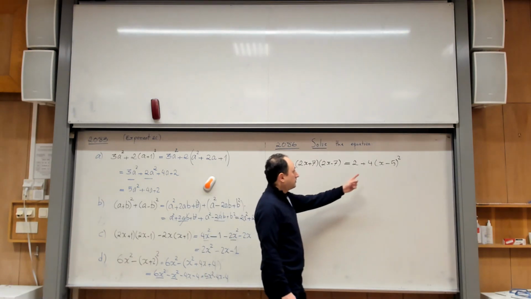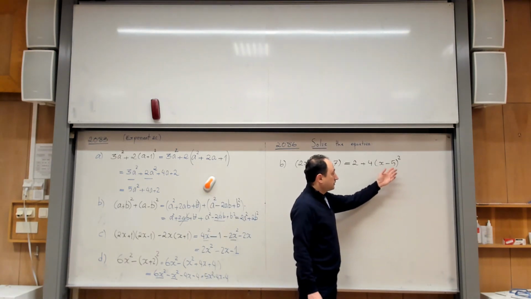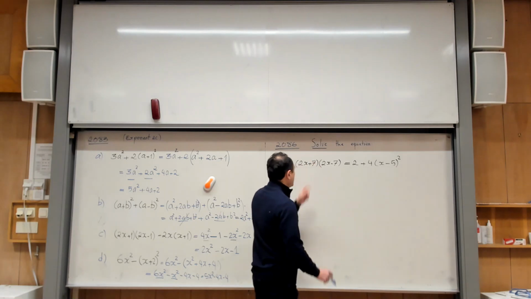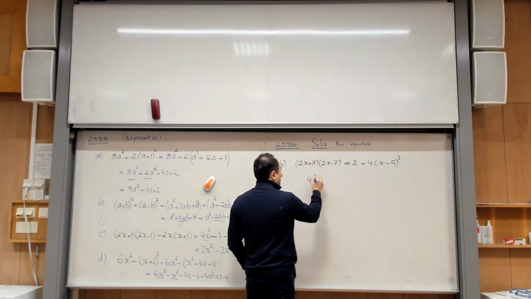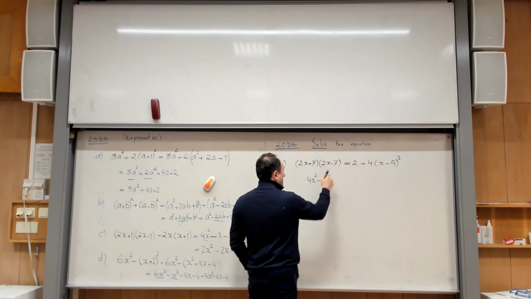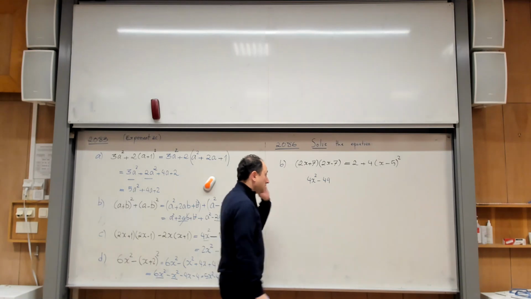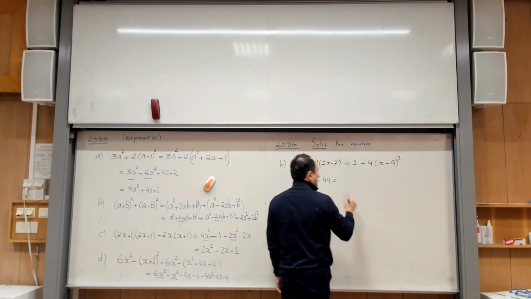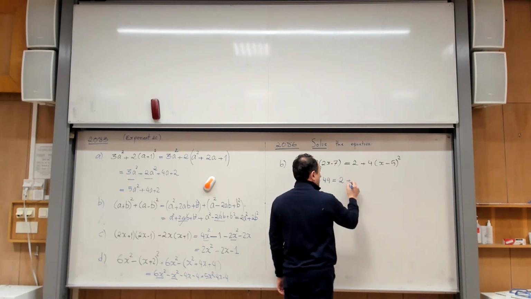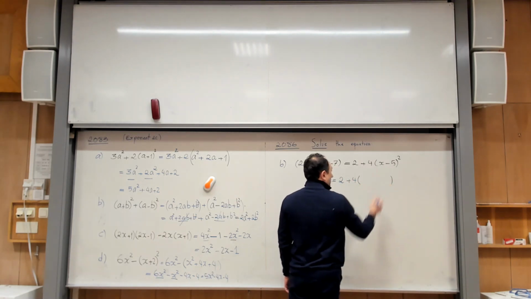And then I have the squaring rule. So this becomes the first one squared, which is 4x squared, minus the second one squared is 49. Yes? And then on the right hand side, the priority is with the power, so I have to keep 2, I have to keep 4, and I have to expand that.